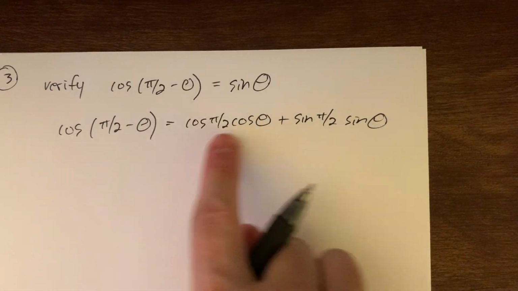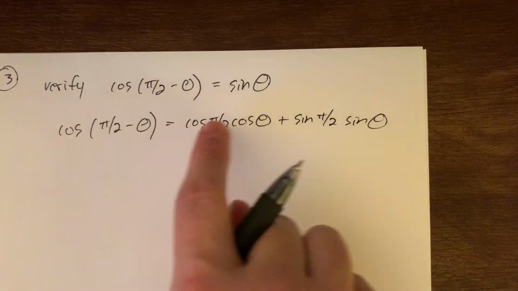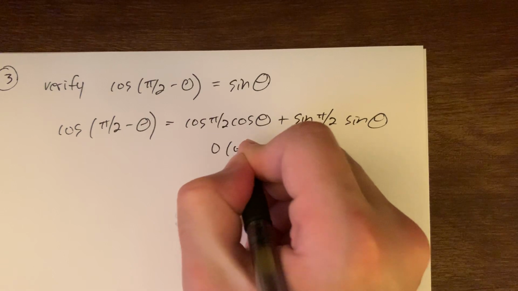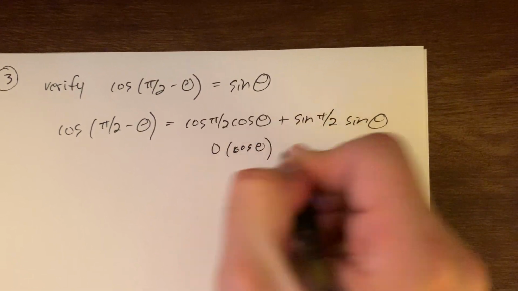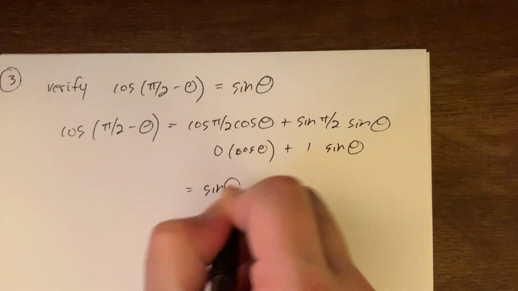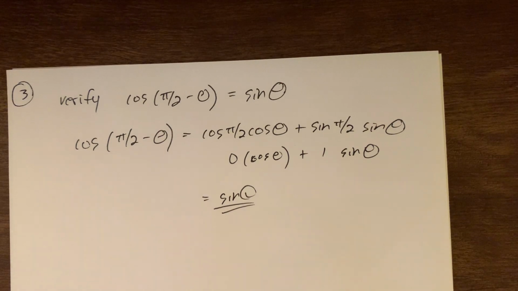And now, hey, pi over 2, that's 90. Sine of pi over 2 is 1. Cosine of pi over 2 is 0. So this becomes 0 times cosine, and this becomes 1 times sine. And that equals sine.